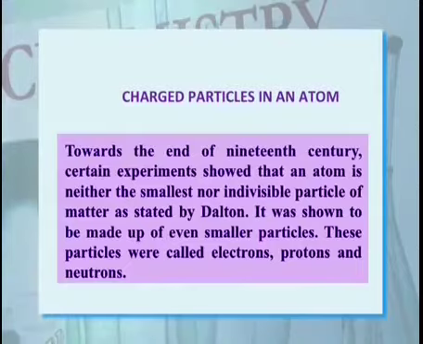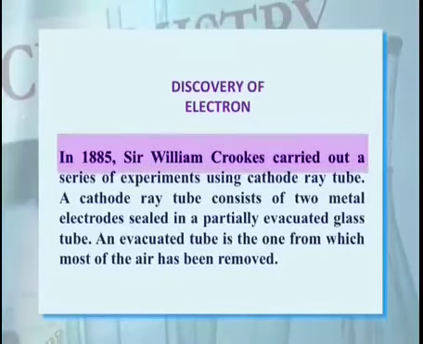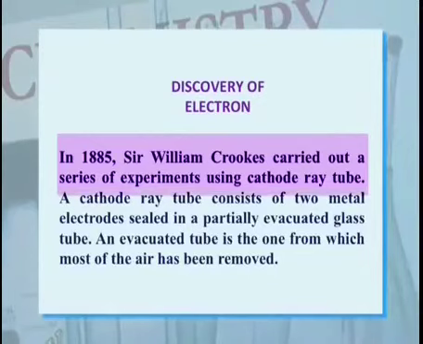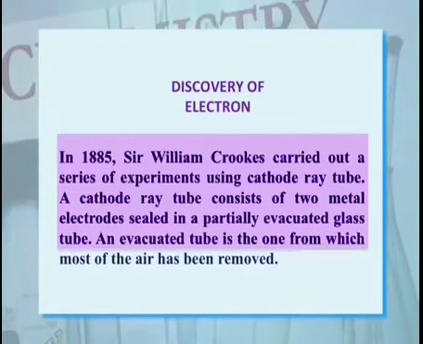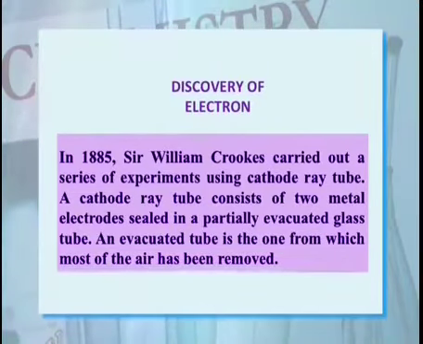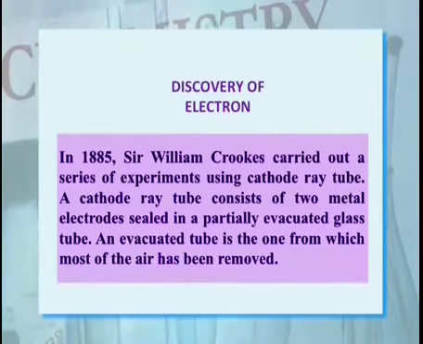Discovery of electron. In 1885, Sir William Crookes carried out a series of experiments using cathode ray tube. A cathode ray tube consists of two metal electrodes sealed in a partially evacuated glass tube, and an evacuated tube is the one from which most of air has been removed.